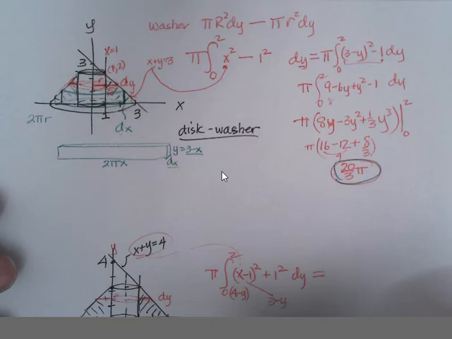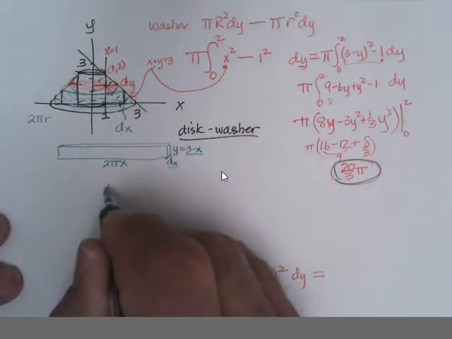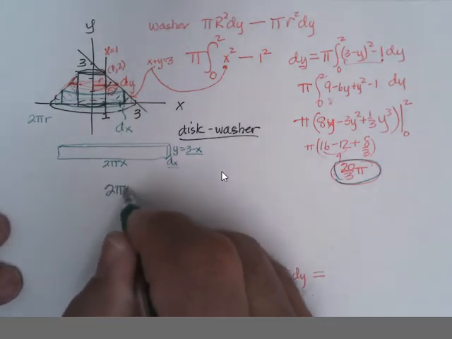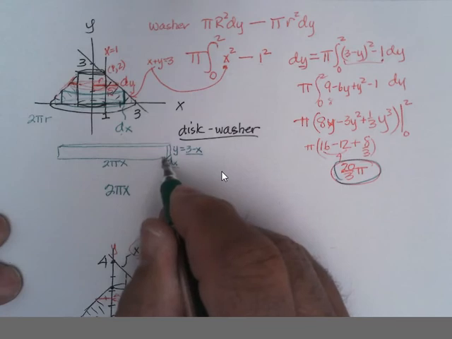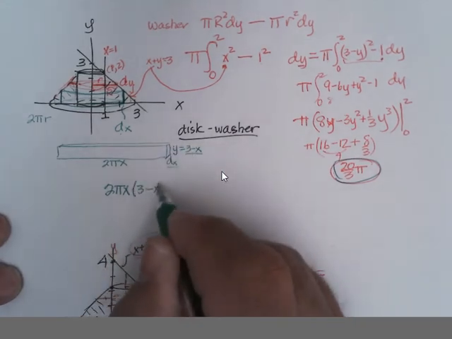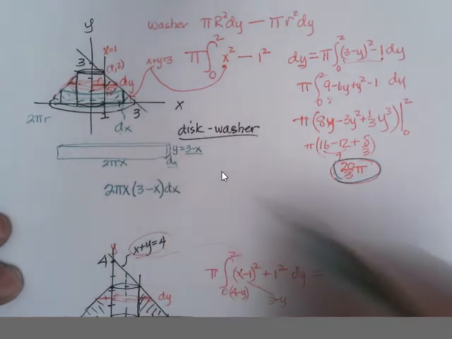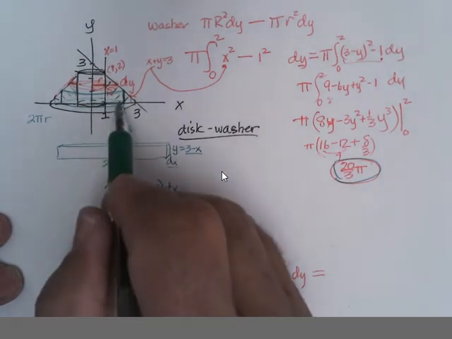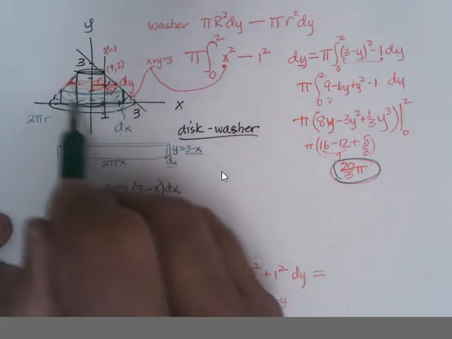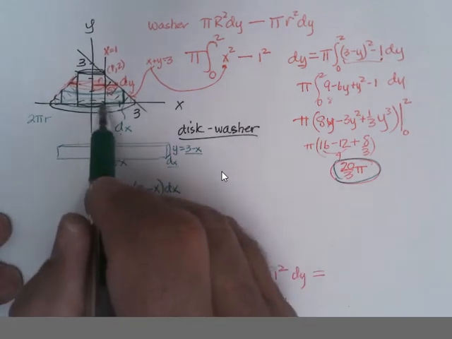So this green ring would have a volume that's 2 pi x length times height, 3 minus x, times a thickness of dx, and that would be for this one, but I want to add up all those green pipes, and so that would start with x.